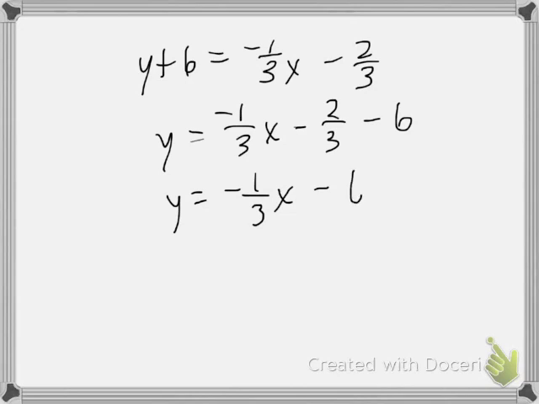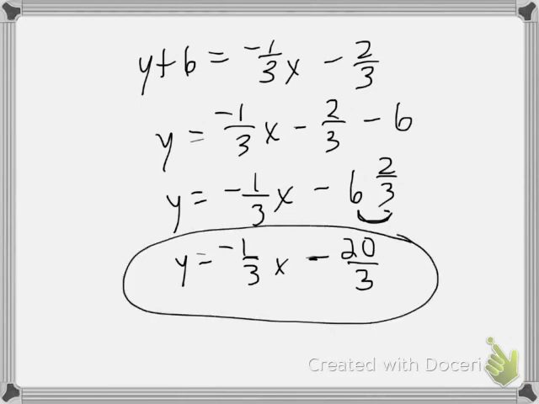Well, that's just going to be -6 2/3 cups. And all we need to do now is write this composite fraction into standard fraction form. The trick is we multiply the 3 and the 6, 18, and add 2 to get 20 over 3. And so this is our final line for the parallel line.